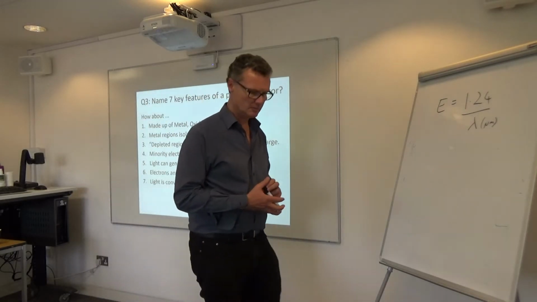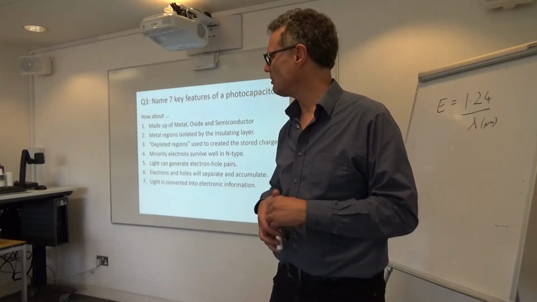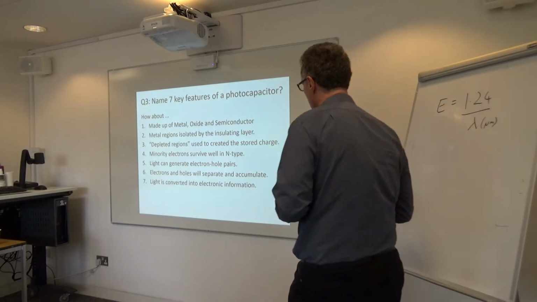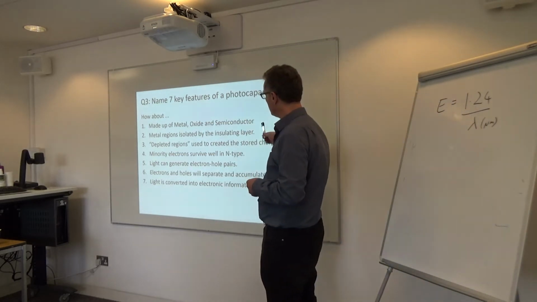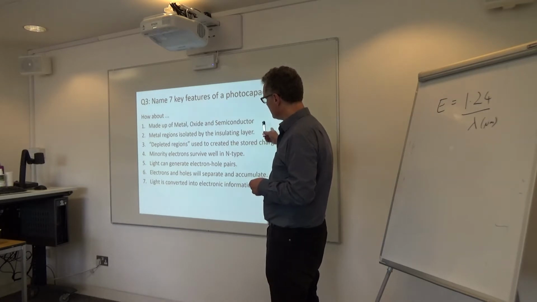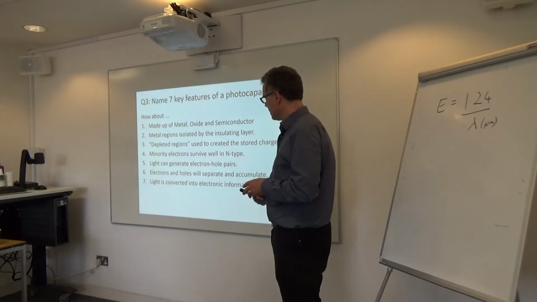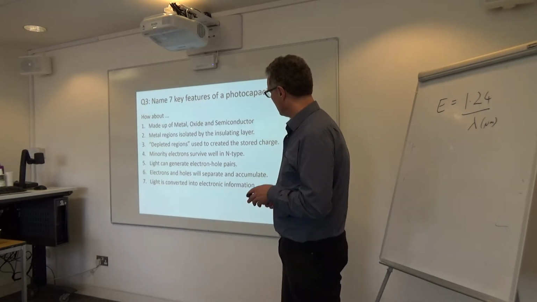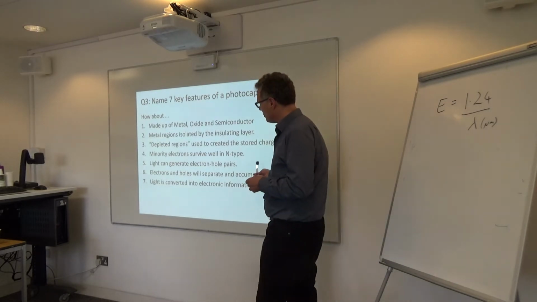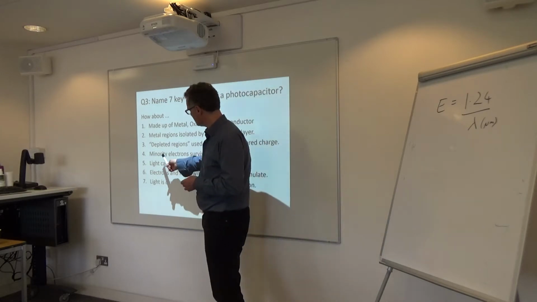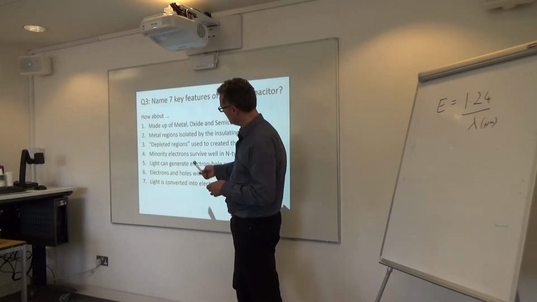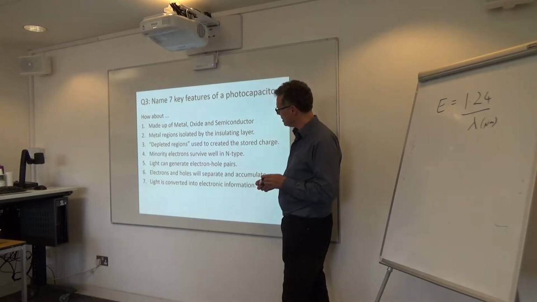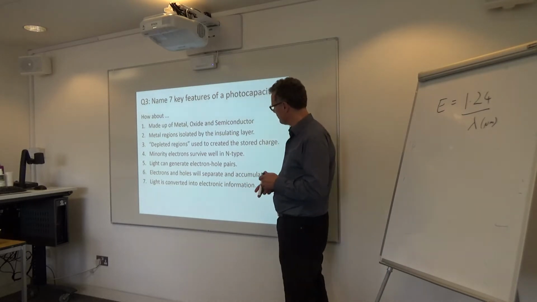So there's a mixture of obvious things, such as the name. If you were asked to describe them, don't forget the obvious stuff, the name, and also what the application is, what they're used for. And then for most questions you're going to have a buzzword, so I would say they would probably have in the marking scheme that the student uses the word minority electrons.